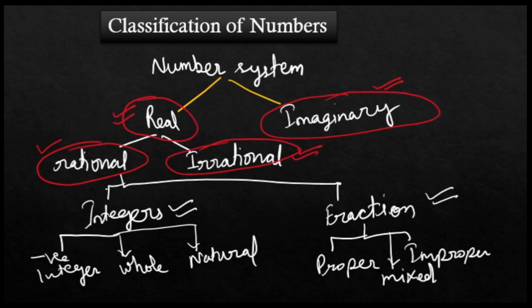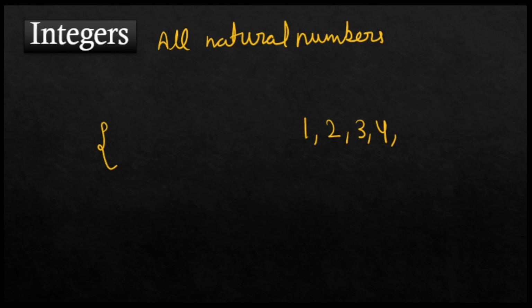Integers. As earlier I have shown, integers are a part of rational numbers. All the natural numbers, I'm going to make the set of it. So I'm going to write natural numbers here: 1, 2, 3, 4, 5 and so on to infinity. So all the natural numbers, 0. So I write 0 and negatives of natural numbers.